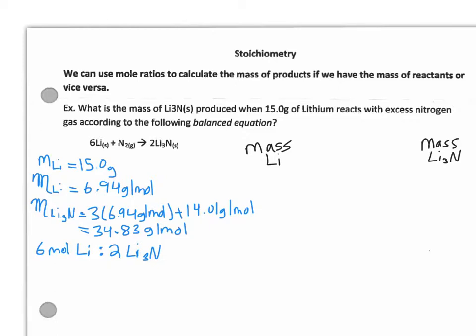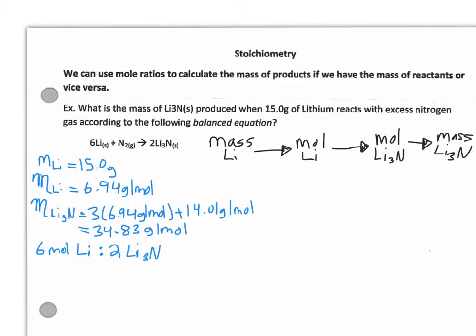We also know that from the mass of lithium, we can very easily calculate the number of moles of lithium. And from the moles of lithium, we can calculate the moles of lithium nitride. I'm just going to erase that and write it out again so I have more space. So that looks better.